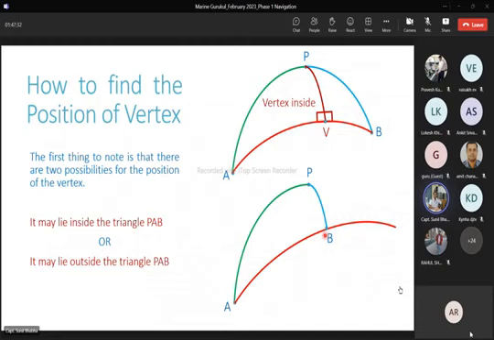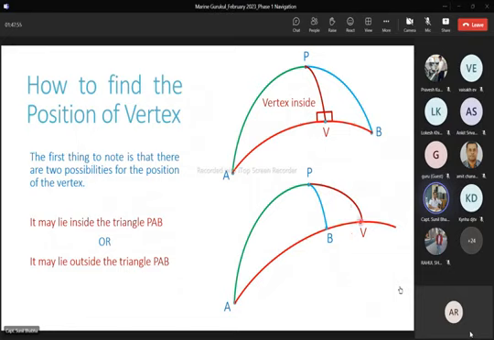Now in this particular case, the highest latitude where the great circle track reaches, or the position of the vertex, is outside the triangle PAB. You can see the vertex coming up as V in the diagram. This is where the vertex lies in this situation. Let's draw the meridian of the vertex.